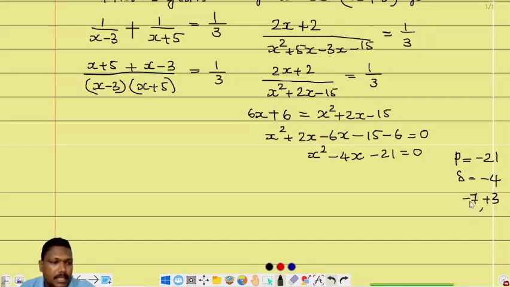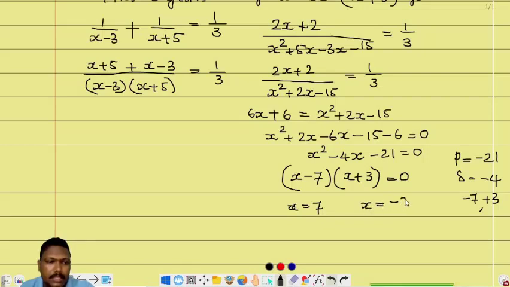Using factorization, we can write x minus 7 into x plus 3 equal to 0. So x is equal to 7, and x is equal to minus 3, which we can reject.